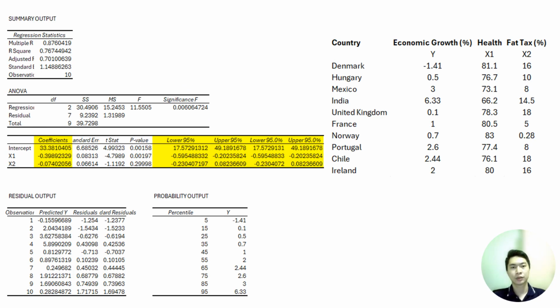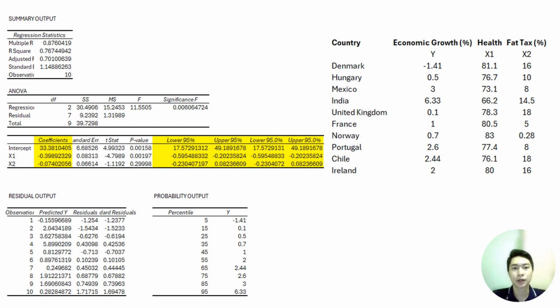Moving on. So, how did we derive that with the fat tax induced, economic growth will have a negative impact? By using a sample size of n equals 10, collected from different countries, of the implementation of fat tax and/or related taxes in terms of percentage.